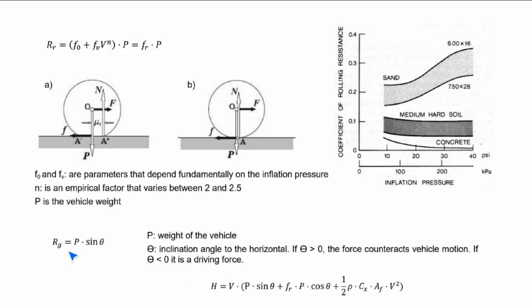Rg will be equal to P times sin theta. P, you know, is the weight of the vehicle. Theta is the inclination angle to the horizontal. If theta is higher than 0, the force counteracts vehicle motion. If theta is smaller than 0, it's a driving force.